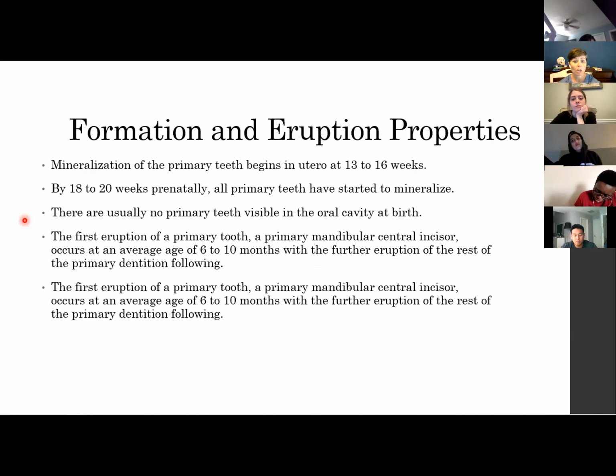The first eruption of the primary tooth, a primary mandibular central incisor, occurs at an average age of 6 to 10 months, with the further eruption of the rest of the primary dentition following. I totally copied that twice, sorry.